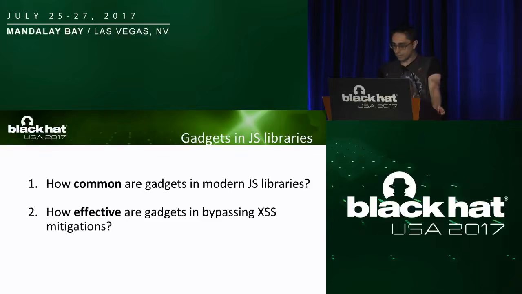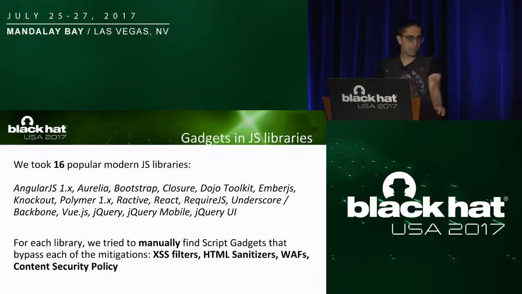So we started from those two questions, and first we started looking at JavaScript libraries and looking for gadgets in their code bases. We took 16 popular web frameworks or JavaScript libraries. We included AngularJS, Polymer, React, jQuery, Knockout, Backbone. All that we considered popular and modern was on that list. Then we manually looked at the code of those libraries in order to find script gadgets.